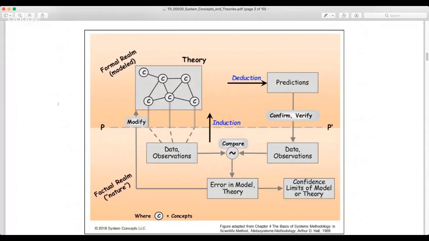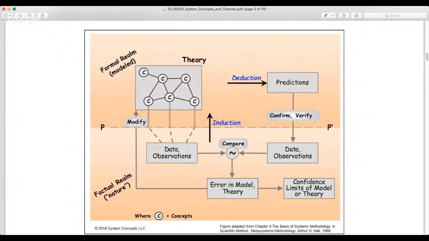But what happens is, in the natural, informal, factual realm, we take data and observations and cast them into a formal modeled theory. The advantage in the formal domain is that we're able to use deduction for prediction. We'll then use that as a calculation and then confirm or verify.